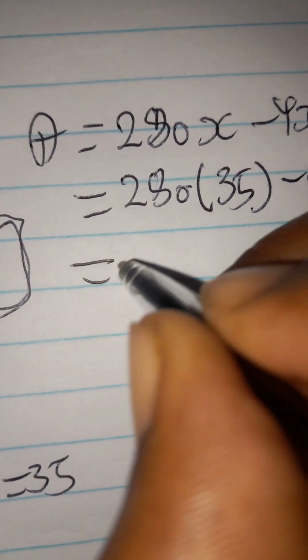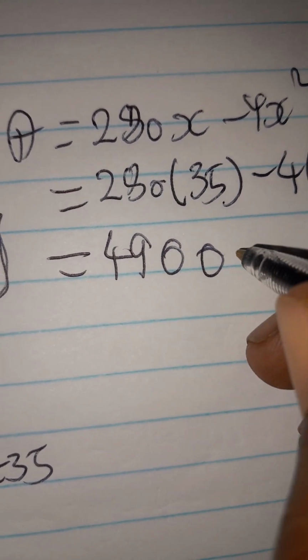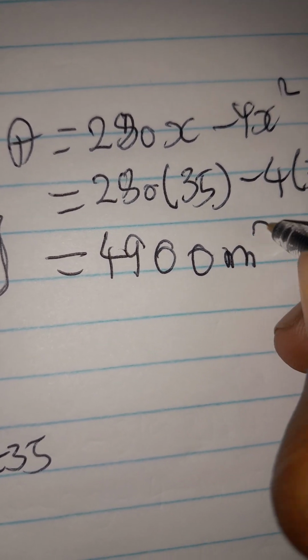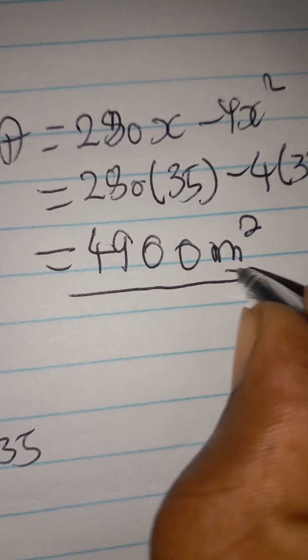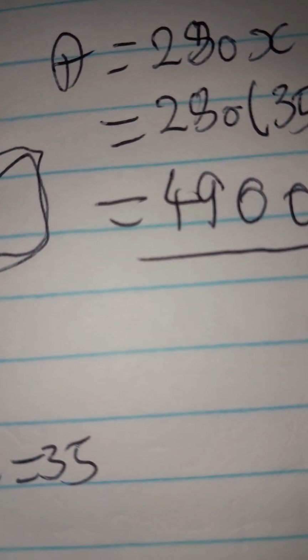What will be that? That will be 4,900 meter squared, since we're given in meter. So if you don't write your unit, then you will be wrong. 4,900 meter squared. So that's how you can work with such a question.